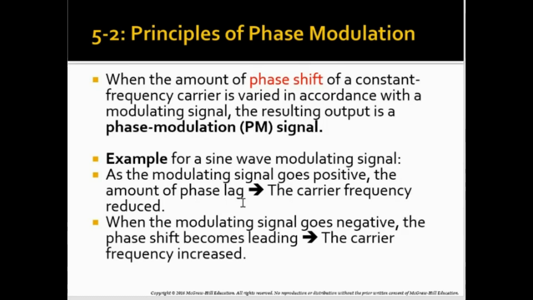Then when your carrier lags the center frequency, we have our frequency reduced. When the modulating signal goes negative towards the minimum side, the phase shift becomes leading, meaning your carrier leads the center frequency, and then the carrier frequency increases. Of course it can be vice versa, but this is just one example.